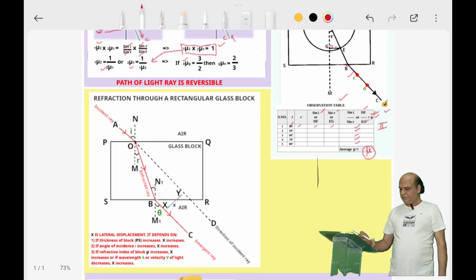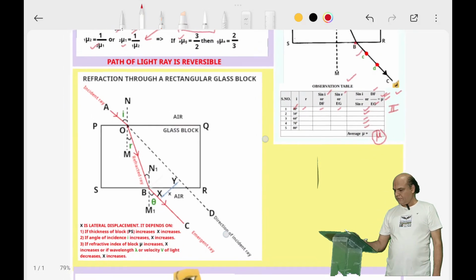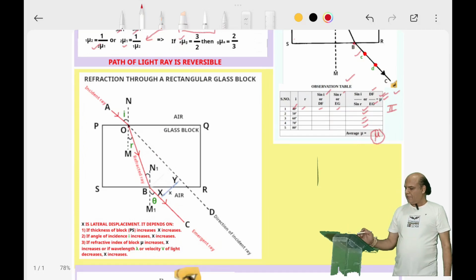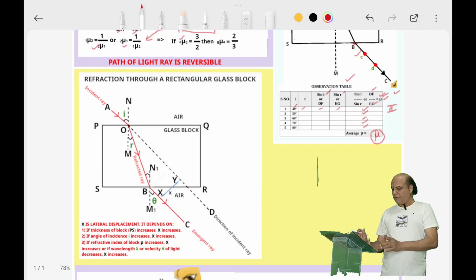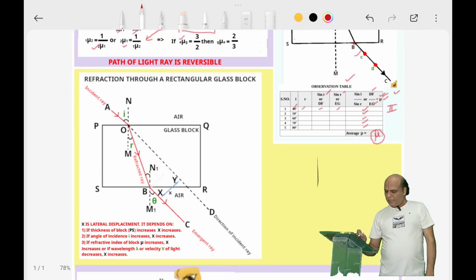Okay, let's move further. Now, this experiment is very similar. Likewise, here also you are taking a rectangular glass block. This is your incident light ray. At point O, you are drawing normal NM.